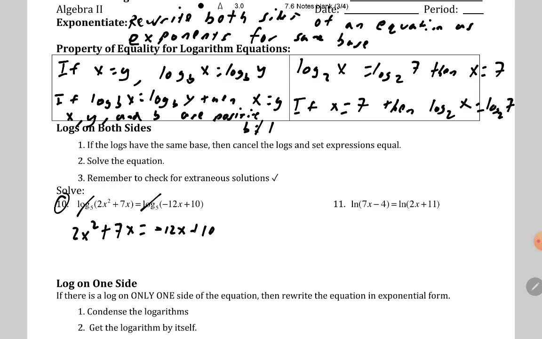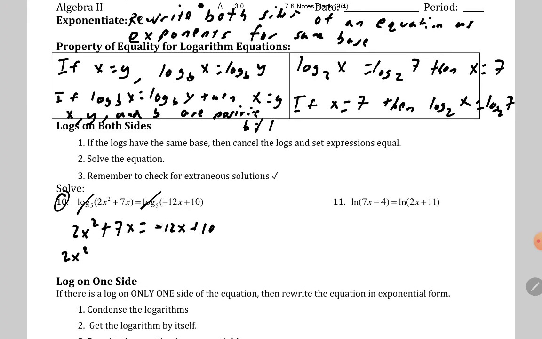So I'm going to move everything from the right side to the left side. So I have 2x squared, 7x plus 12x is 19x, minus 10 is equal to 0.